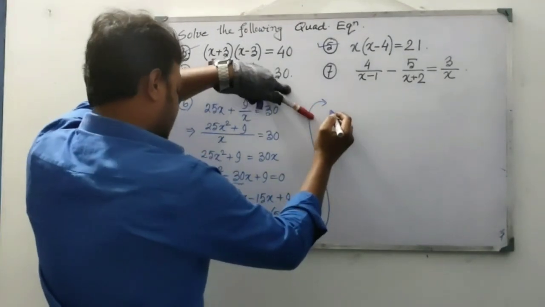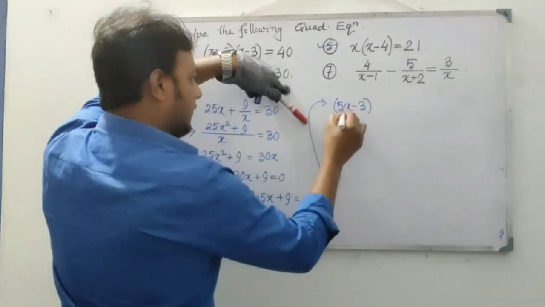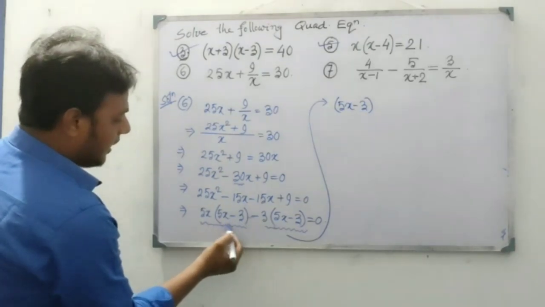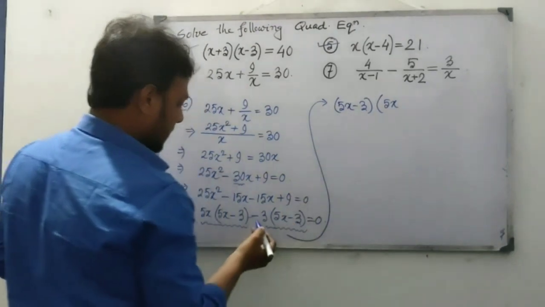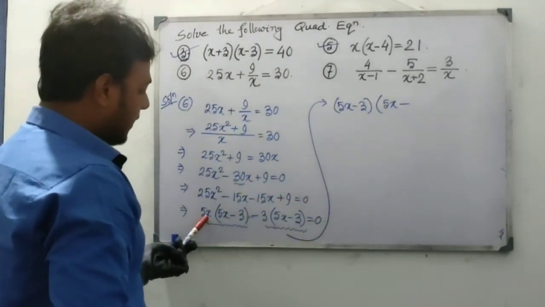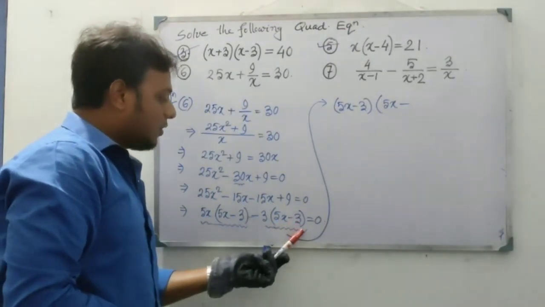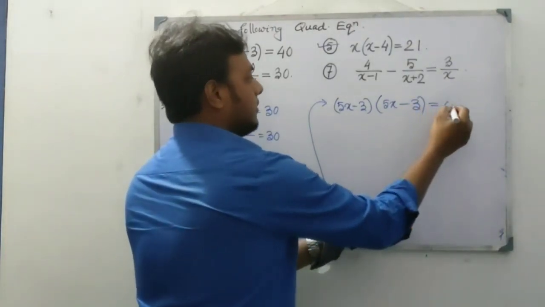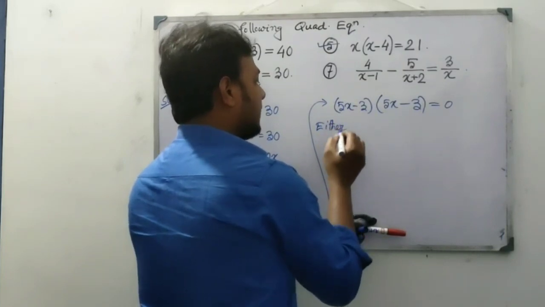So if we take common here 5x minus 3, then in first term we have taken already this part common, then only left is 5x and minus is there. See, on left is 5x and we have already taken common 5x minus 3. So left in second term is only 3. So it is 3 equals to 0. Now either, this completes the factorization, okay?